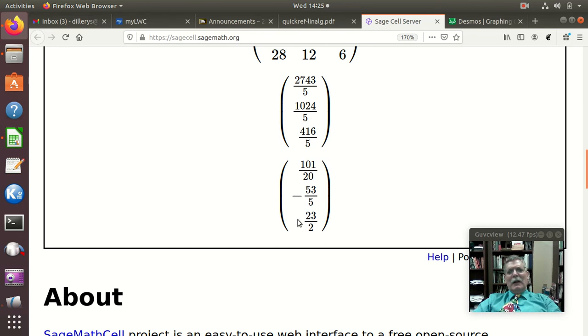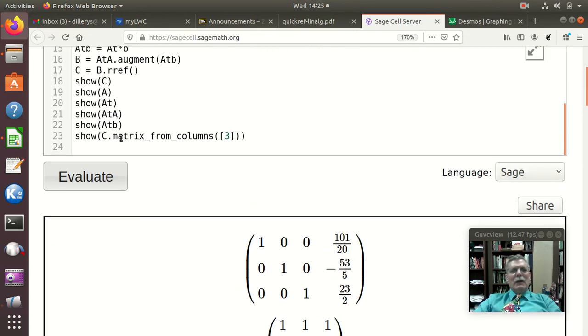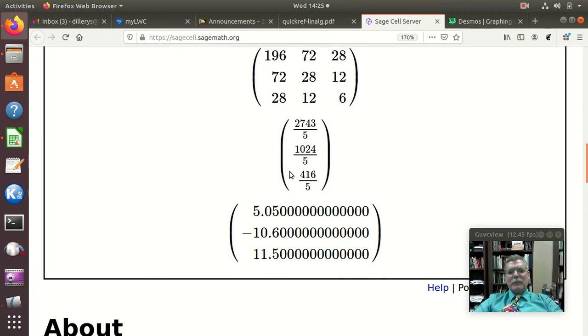Right, and I can look at that answer in decimal form again, so I can always get, even though these are fractions in rational form, if I do a dot n and parentheses like that, it should show me in decimals. And there we go, in decimals. And those are a little bit nicer decimals now.